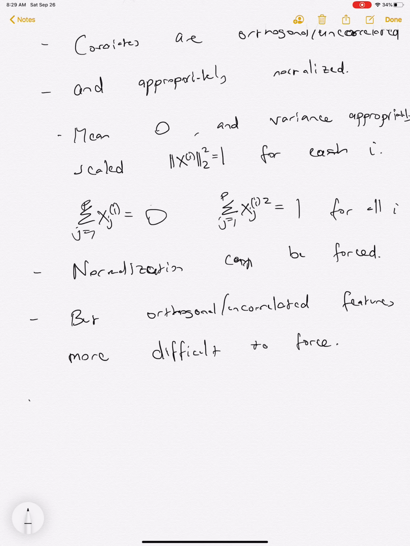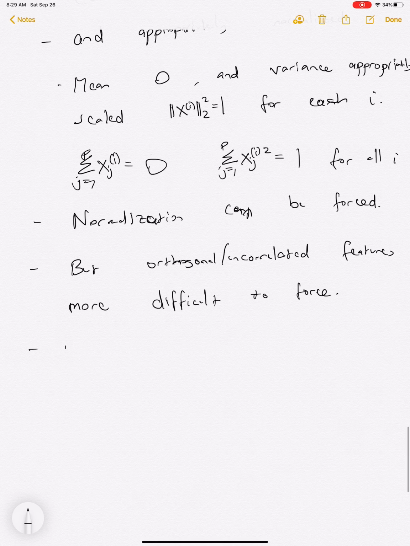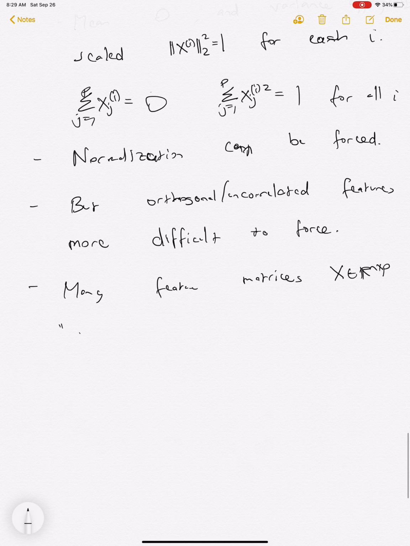So I would say many feature matrices or covariate matrices X approximately follow this assumption.